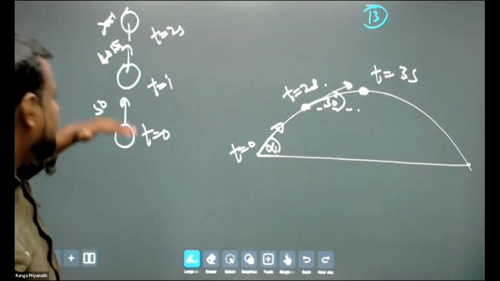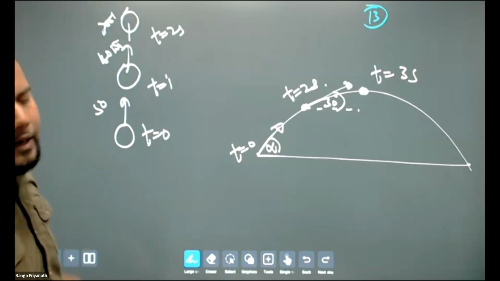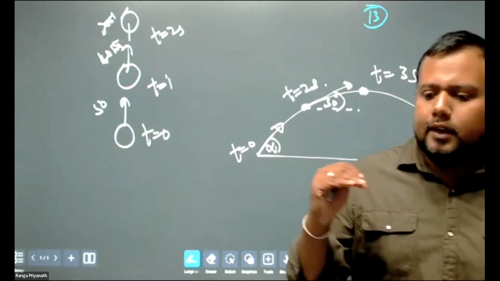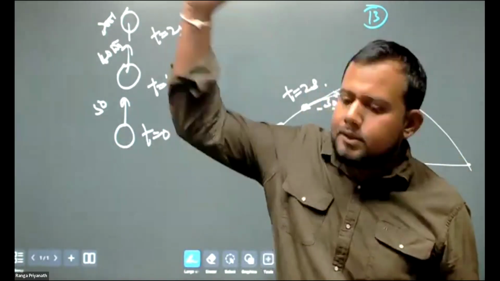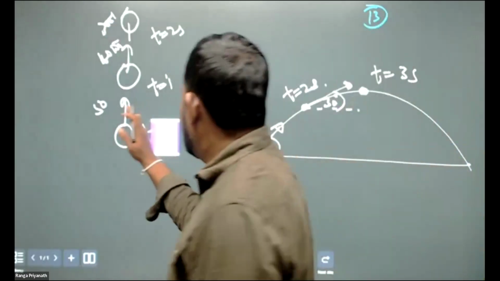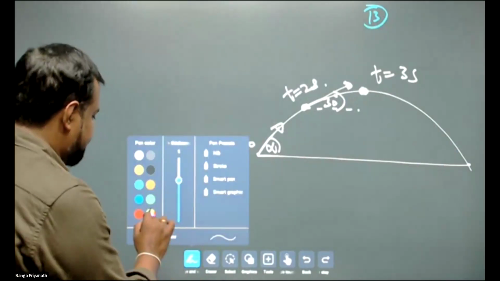Like every 1 second, the velocity drops by 10 ms minus 1, isn't it? Every 1 second. You have to know it clearly.